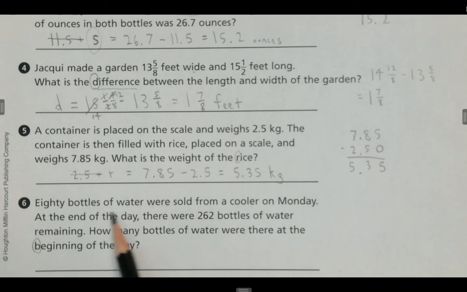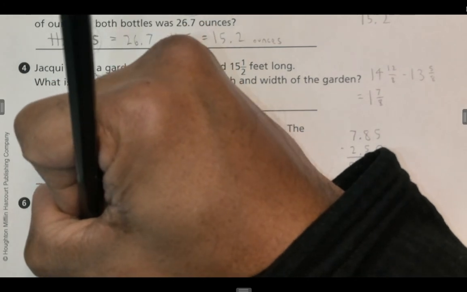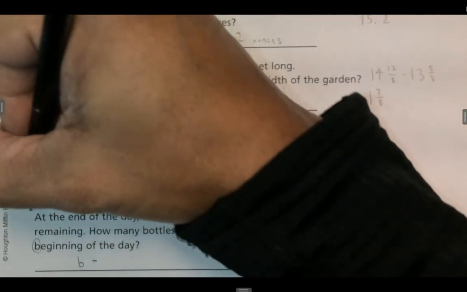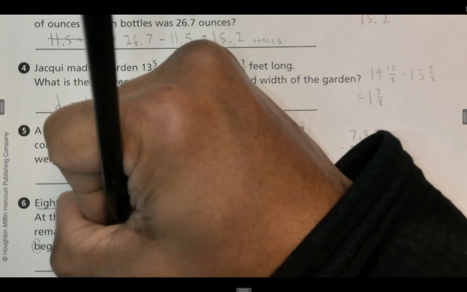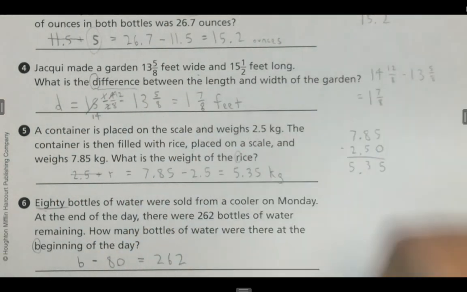We know that 80 bottles were sold during the day. Okay, so B is the amount at the start minus the number that's sold, 80, gets you what was left at the very end of the day, 262. Now, looking at the left side of this equation, how can I get B on its own? If you said get rid of the 80, you're right.